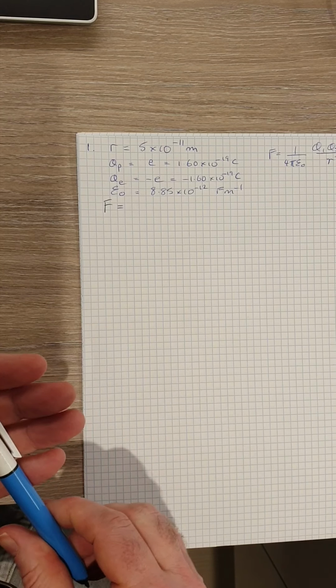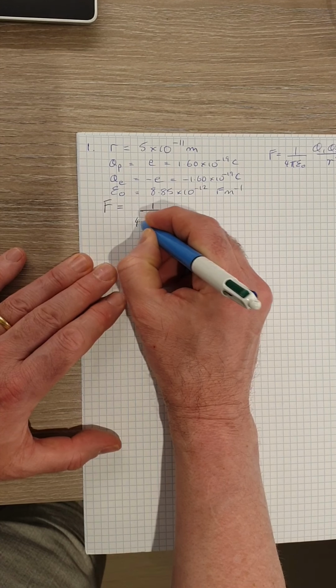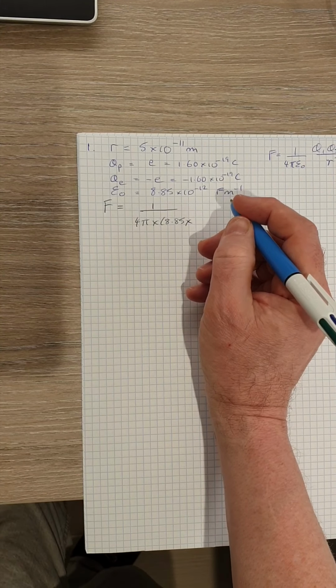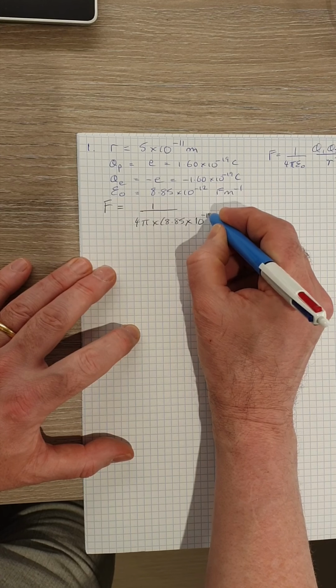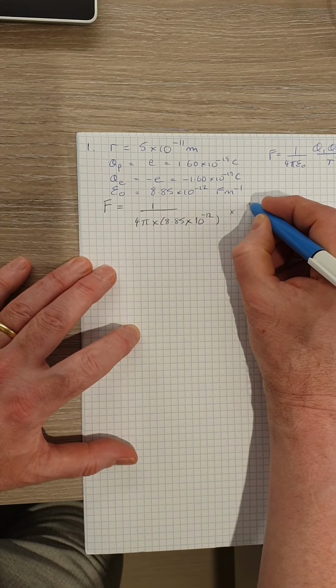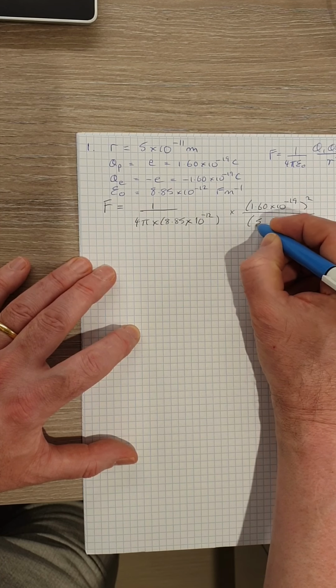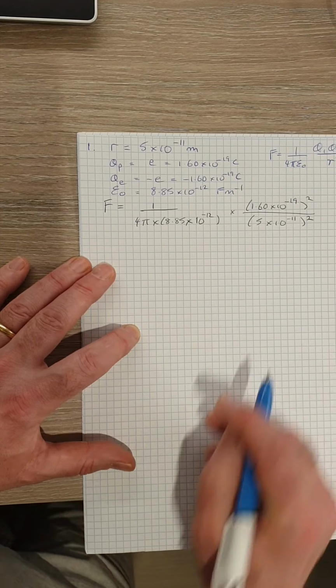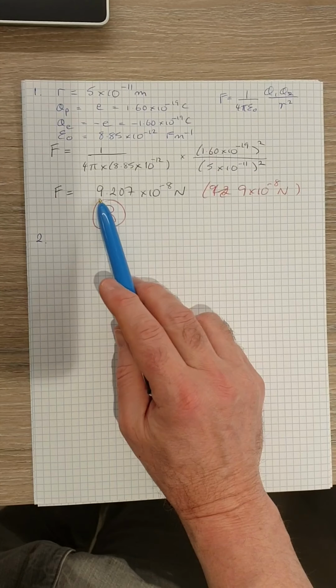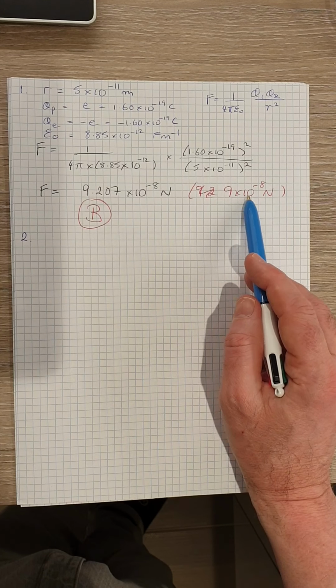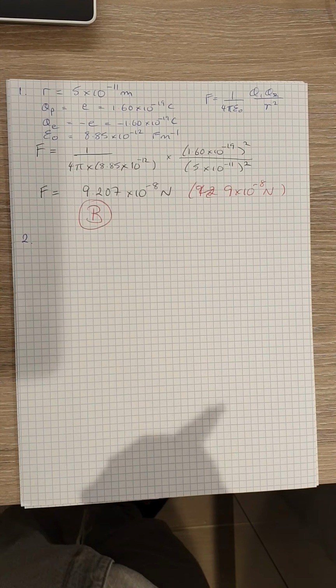Okay, so we have force is equal to 1 over 4 pi times... So put the numbers into the calculator, get an answer of 9.207 by 10 to the minus 8. One significant figure given the question, so I'll write 9 by 10 to the power of minus 8 newtons. That's answer B.